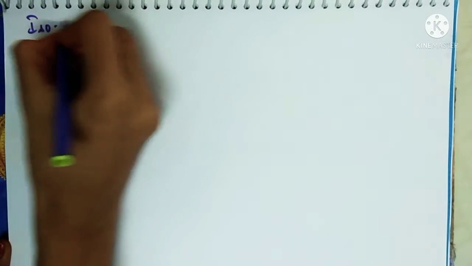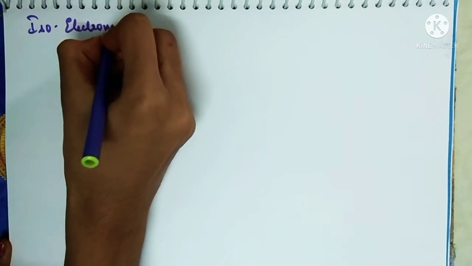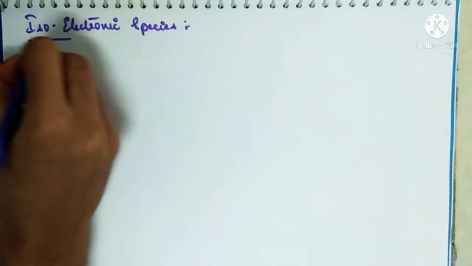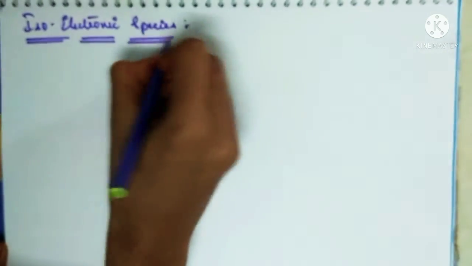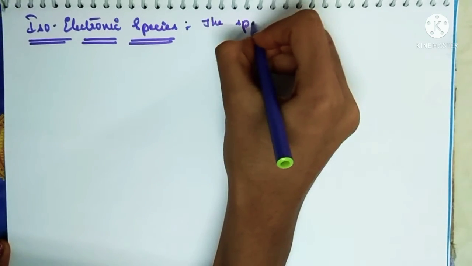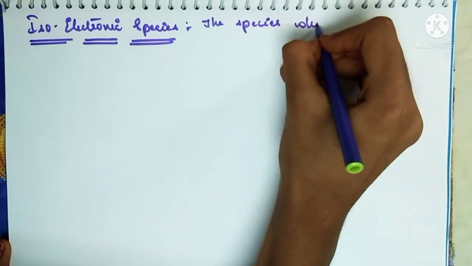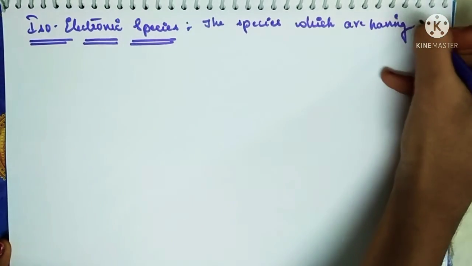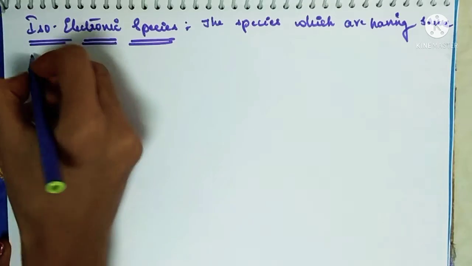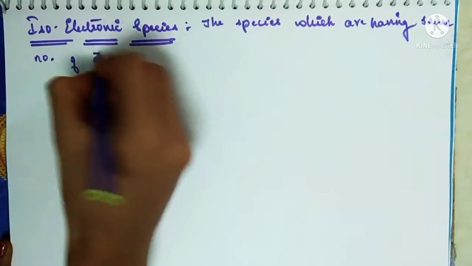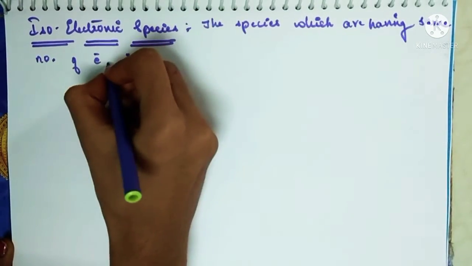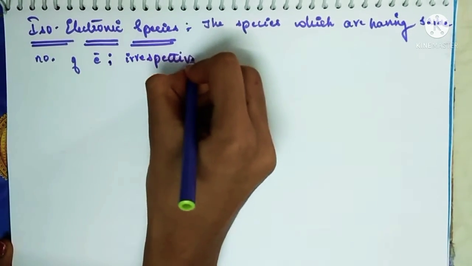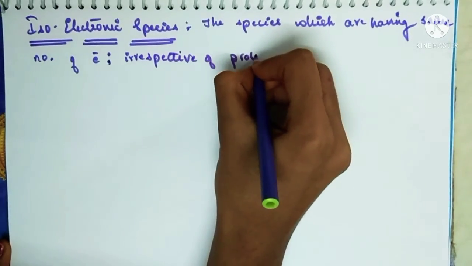So we can just define it as the species which are having the same number of electrons irrespective of protons.